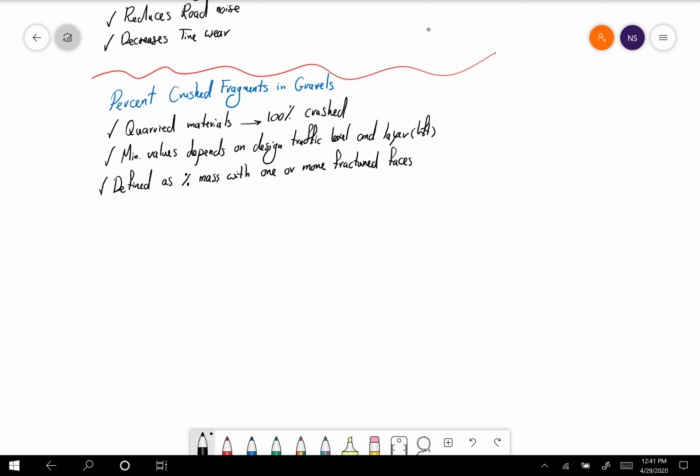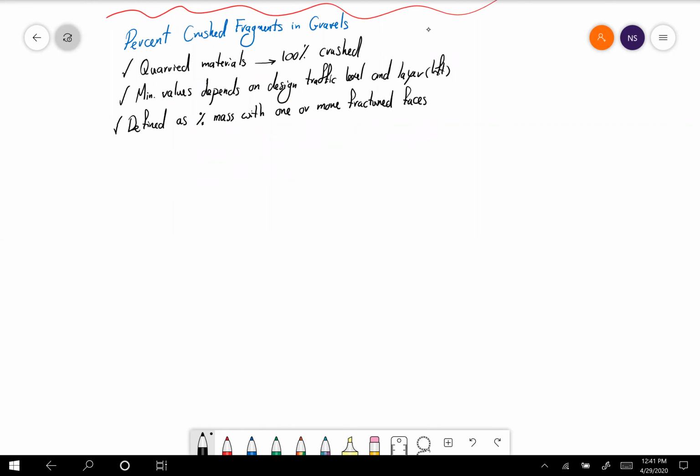If your aggregates have one or more crushed or fractured faces, then you will consider the mass of that percentage of aggregates as percent crushed face in the aggregates.